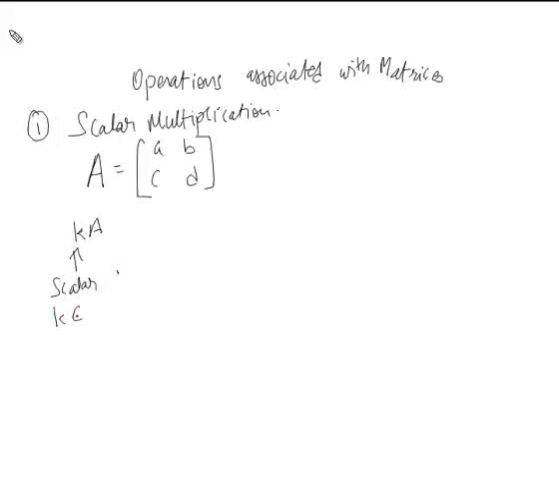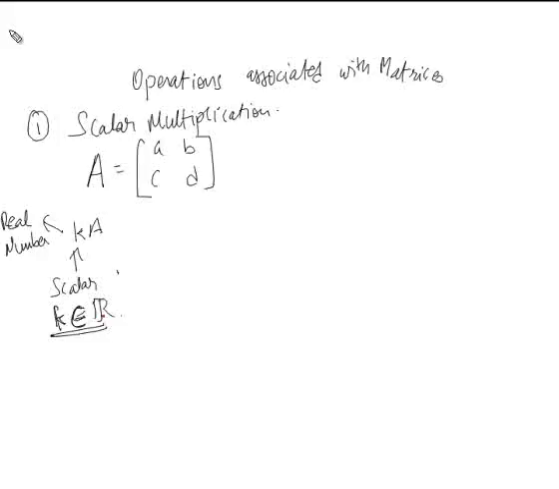K is a real number. So mathematically I write it as K is an element of R. R means real number. K is an element of real numbers. Like this I can write it mathematically.